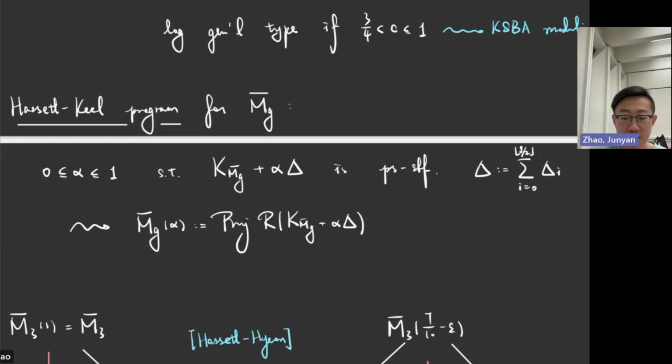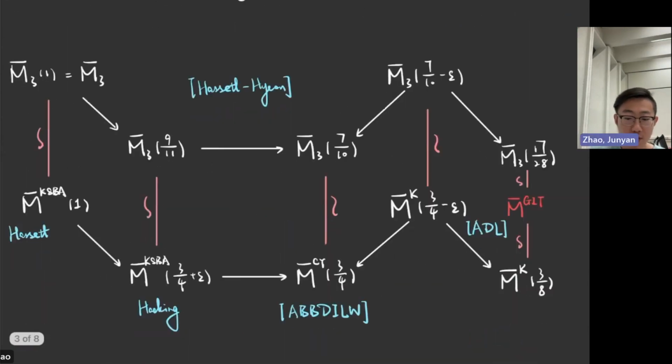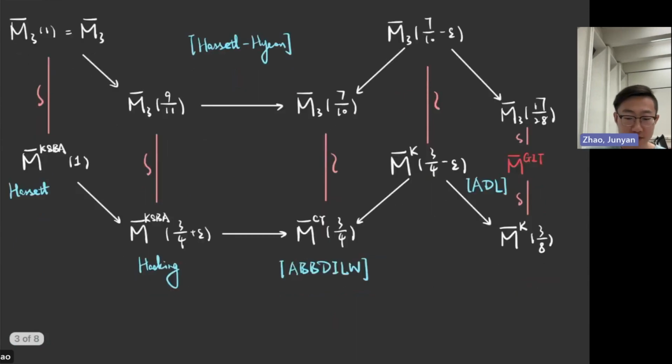Then you take the canonical model with respect to this divisor. This gives you a birational model of M_g bar called the Hassett-Keel model, and this will depend on the choice of alpha.